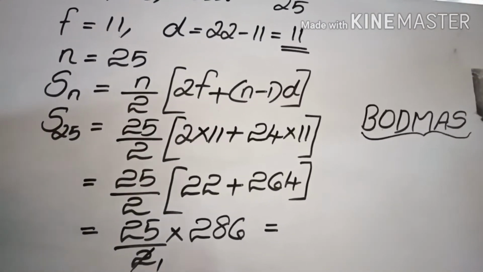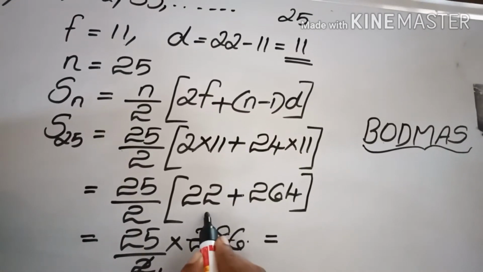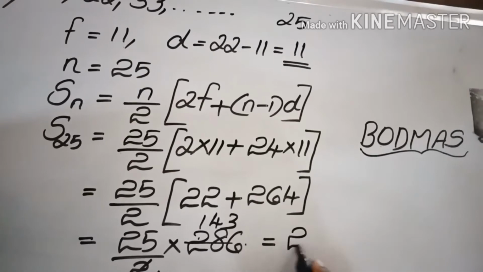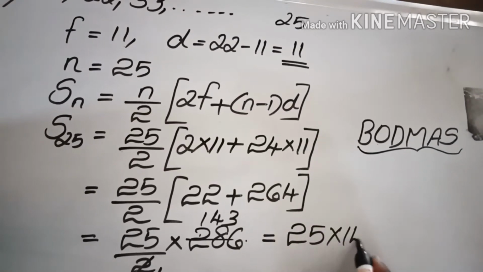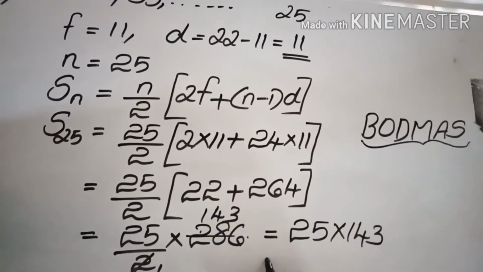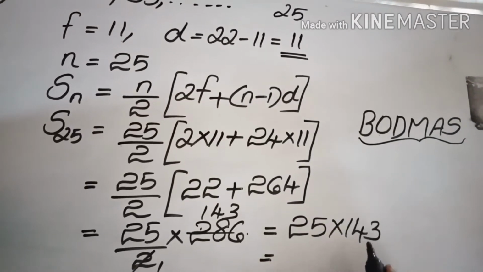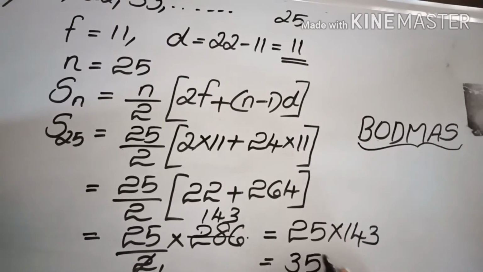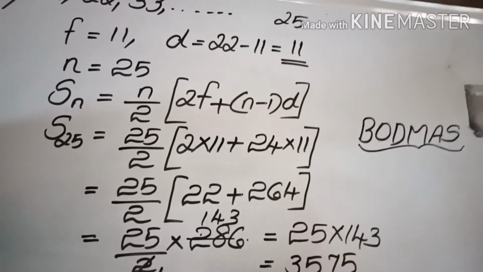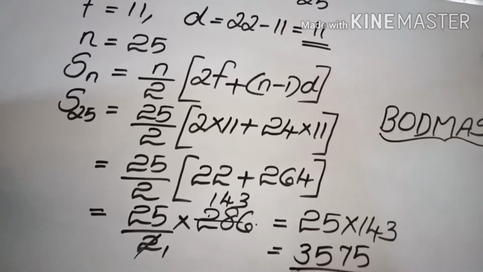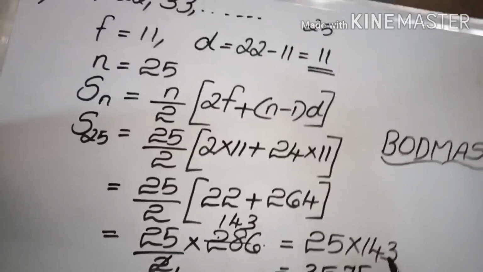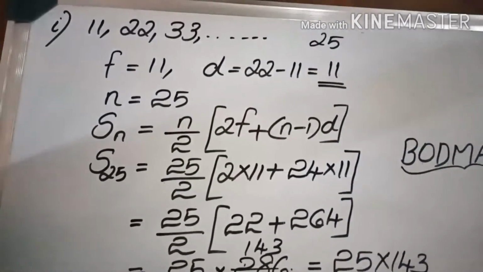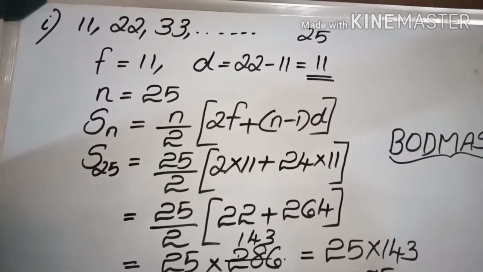So 286 divided by 2 is 143. So your final answer is 25 into 143. When you multiply these two, you get 3575. So 3575 is the sum of 25 terms of this arithmetic sequence. So this is the answer.